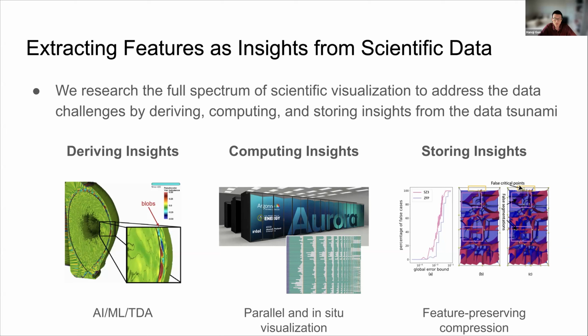We research a lot of different aspects in how to derive insights, how to establish methodology and tools in computing these insights and features, and how to store these insights without distortion. So I would like to highlight two aspects today. One is how to derive these insights. Another is feature-preserving compression, which can help store the data while preserving a lot of these insights.